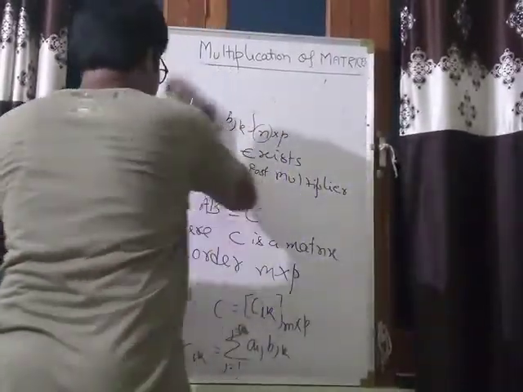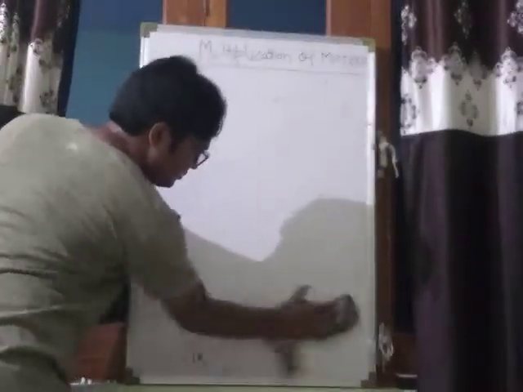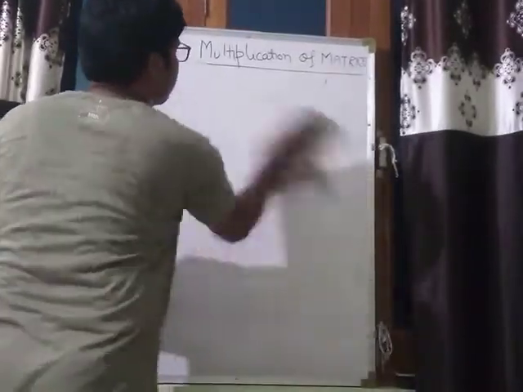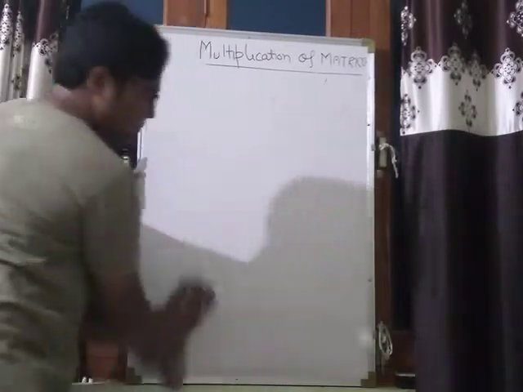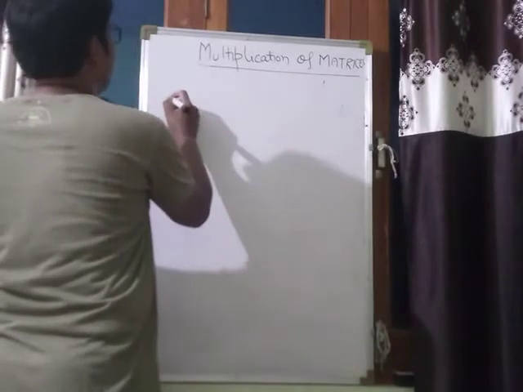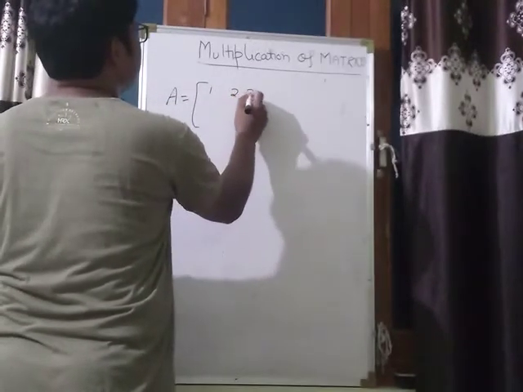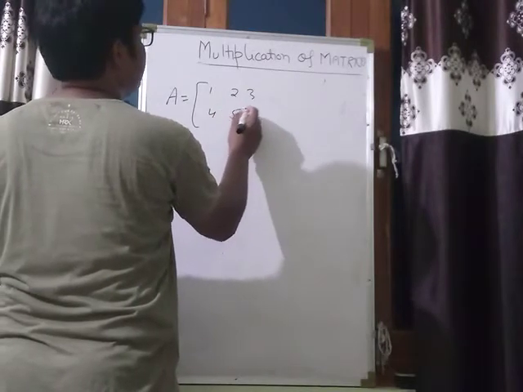See, consider an example. Matrix A is 1 2 3 4 5 6.